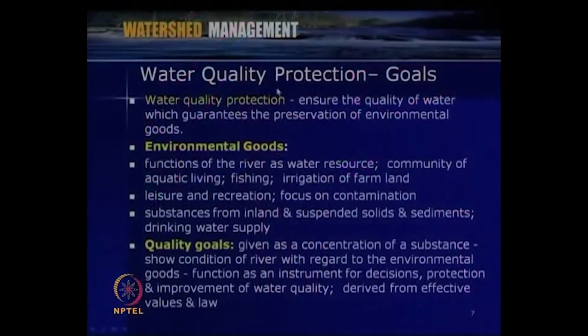As far as water quality protection is concerned, generally we are trying to ensure the quality of water which guarantees the preservation of environmental goods. As we already discussed earlier, the water quality, in terms of surface water or groundwater, within the perspective of environmental goods, is the standard we are looking for the treated water coming to a lake or to the river.